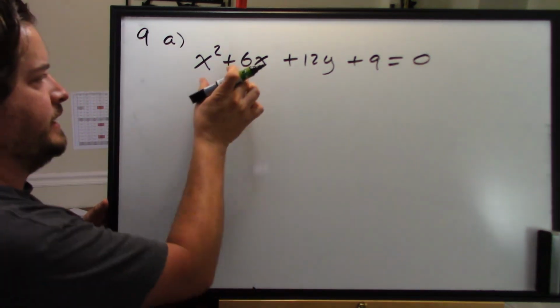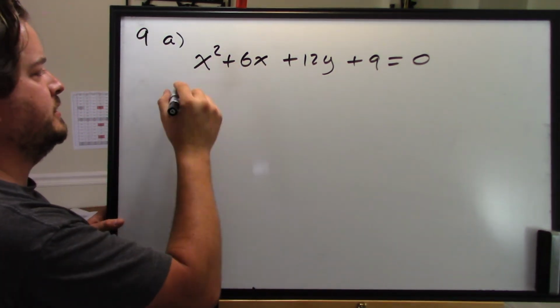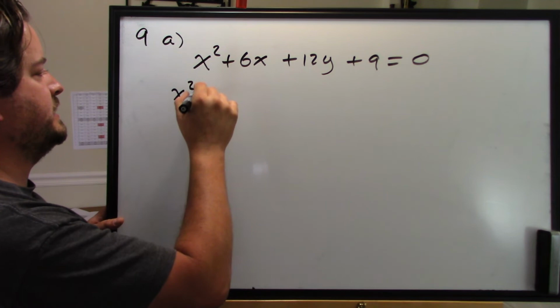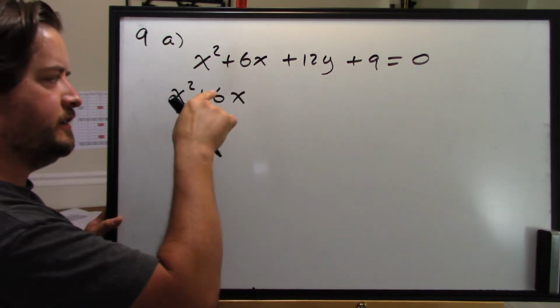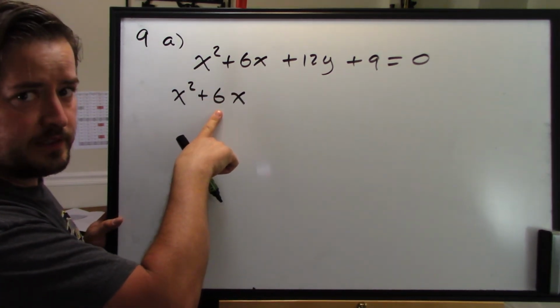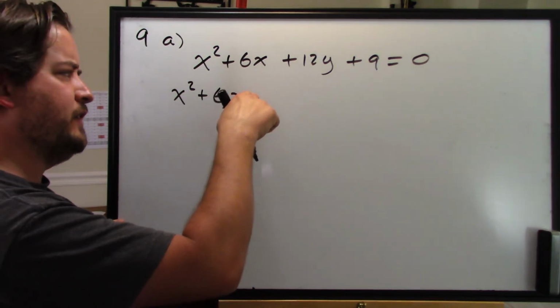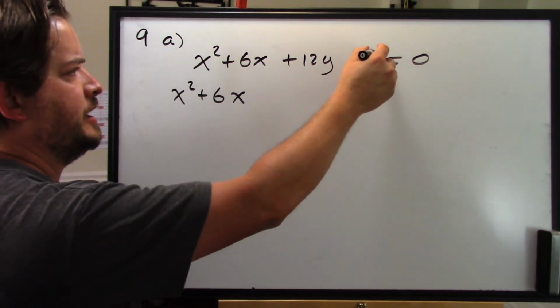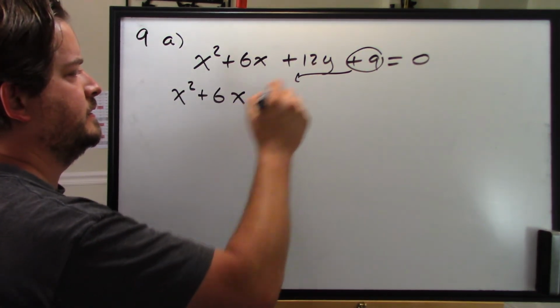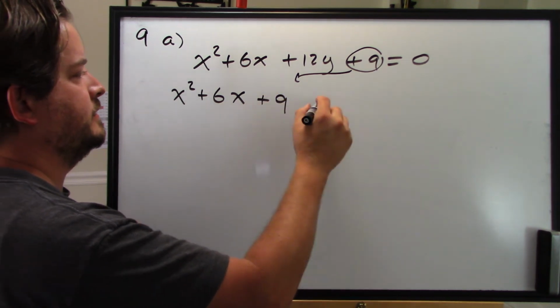And so my x's are already kind of next to each other. So this x squared plus 6x to complete the square here. Half of 6 is 3, square it is 9. So instead of adding 9 and then subtracting 9, I'm just going to steal this 9. Because it's already there.